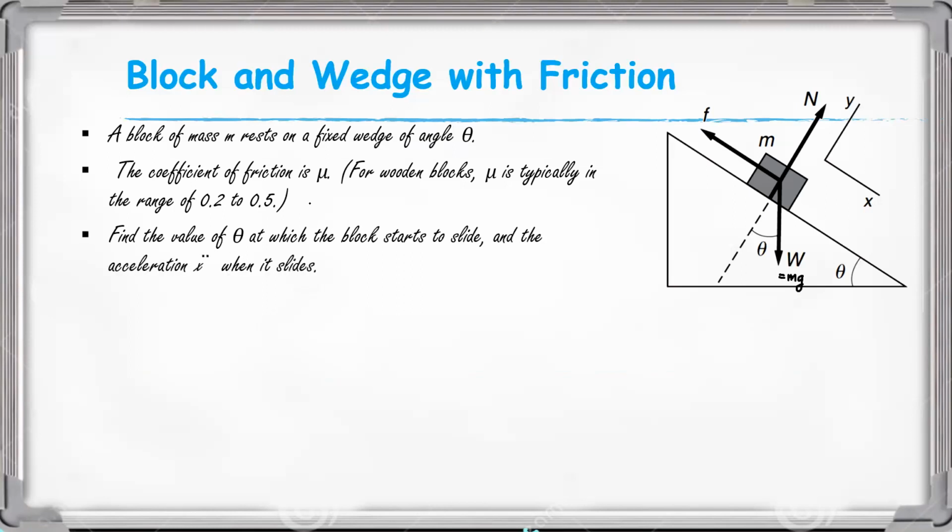Here we have to find the value of the angle of the wedge at which the block starts to slide, and the acceleration of the block when it slides. Initially, we consider that the block is at rest.